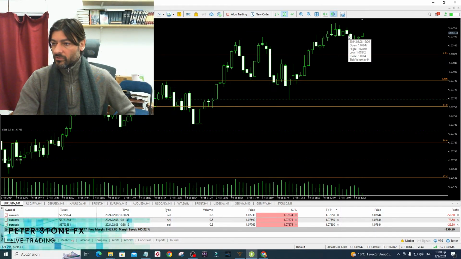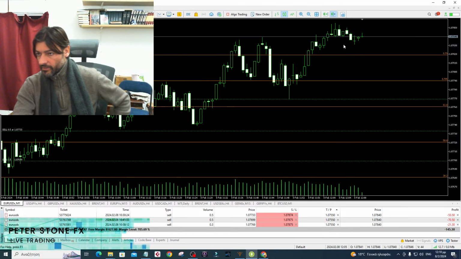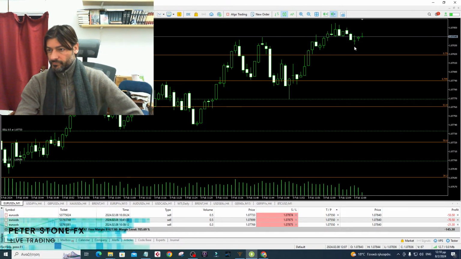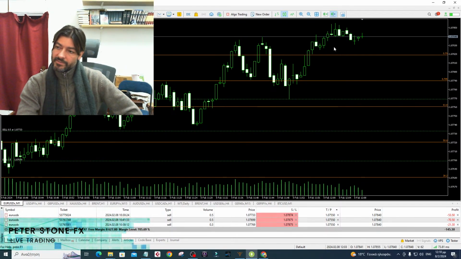We have a small gap here between the bodies of the candle, which is very good. We see now it doesn't really have the power to go up, but it's undecidable.